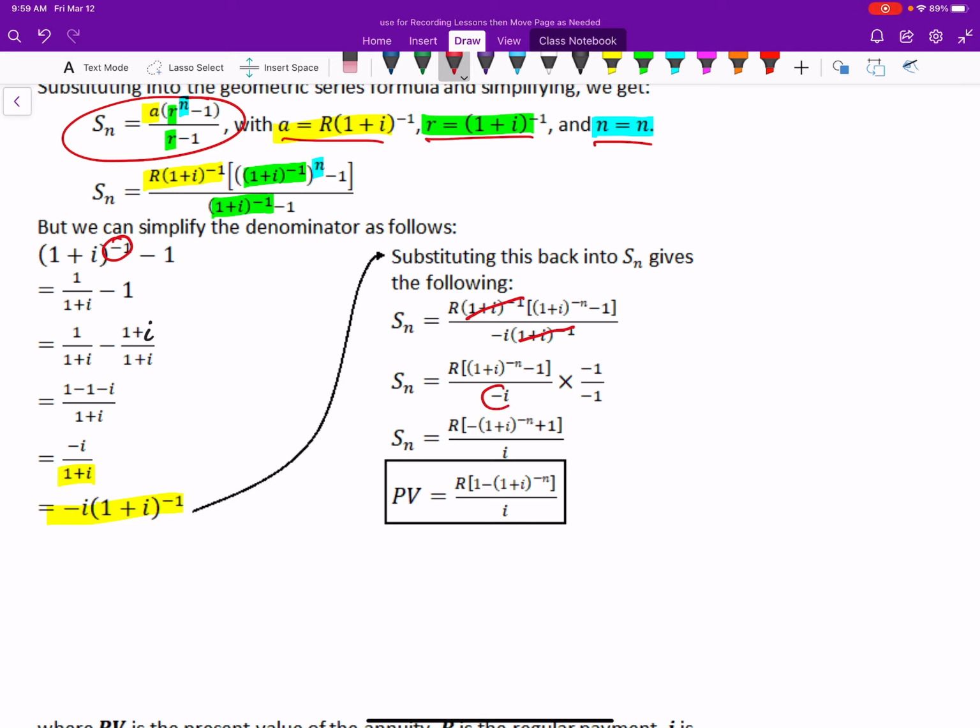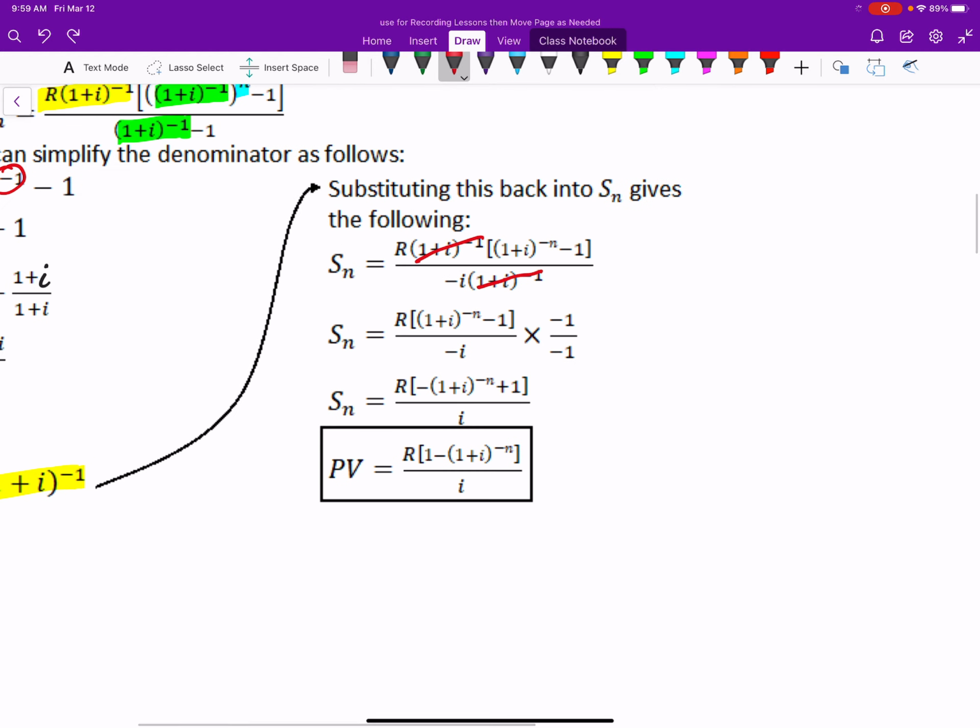Well, I'm left with negative i on the bottom only, and then still the r times (1 plus i) to the negative n, minus 1 on the top. And just to get rid of that negative i on the bottom, we can multiply the top and bottom by negative 1, as you can see we're doing here. So that's going to change this negative i to a positive i on the bottom.